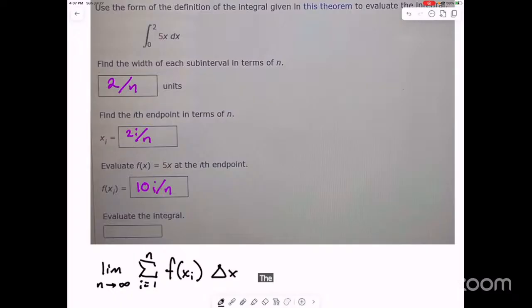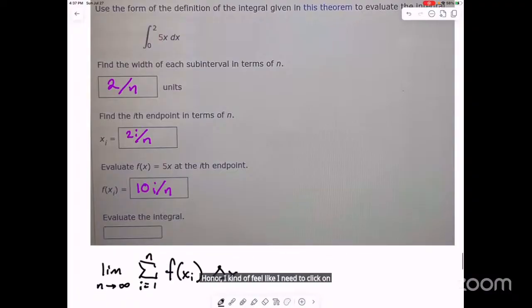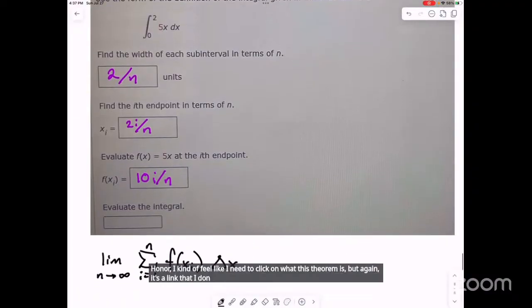The delta x's are 2 over n. I don't know. I kind of feel like I need to click on what this theorem is, but again, that's a link that I don't have access to right now.